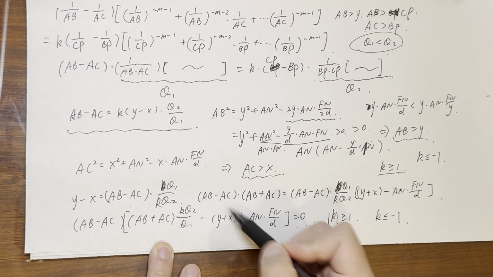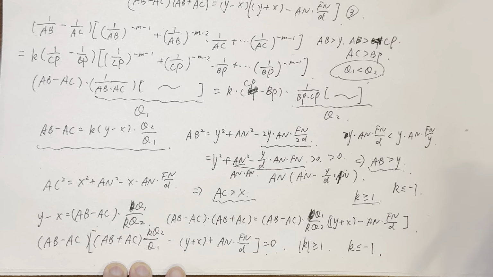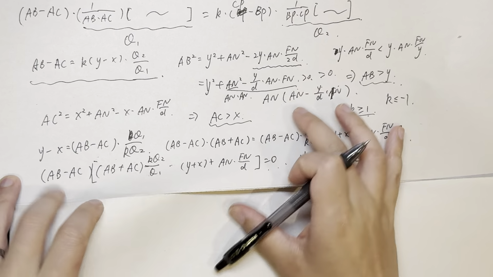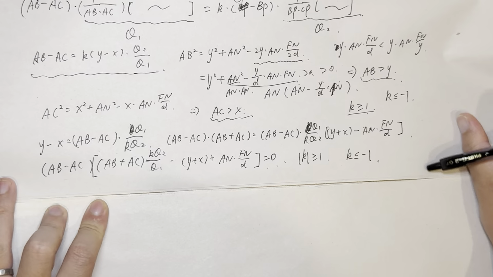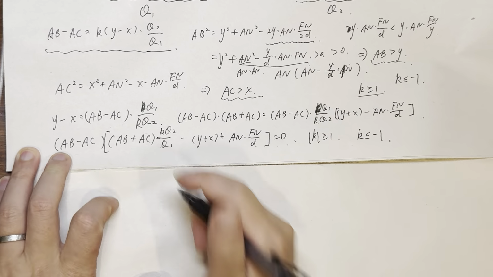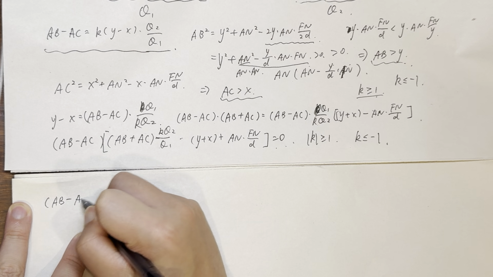So this one, we can rewrite it as AB minus AC, right?